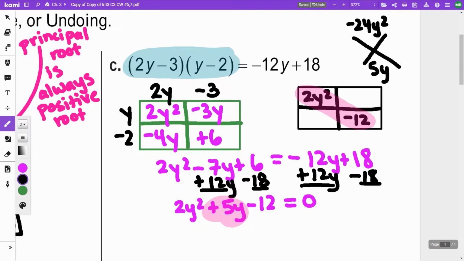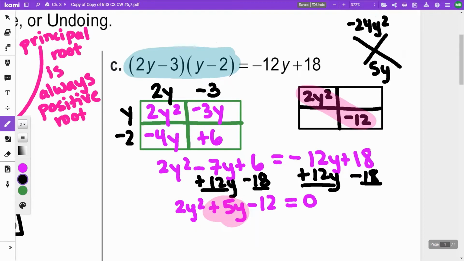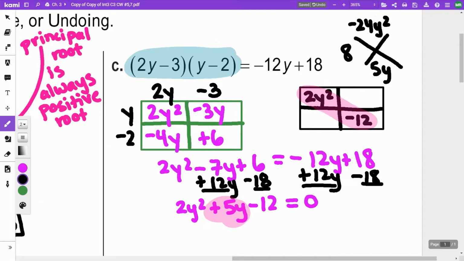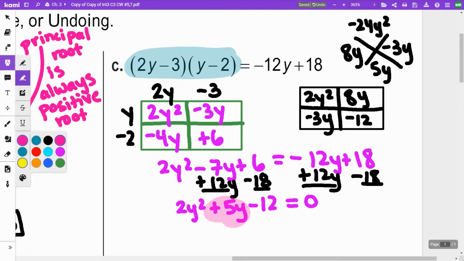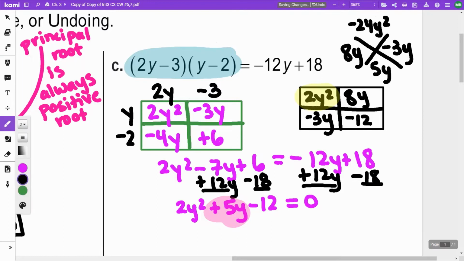So what multiplies to a negative 24y squared and adds to a 5y? That is going to be an 8y and a negative 3y. So now I want to try to find the outside. First thing I'm going to do is figure out how did I get that 2y squared?